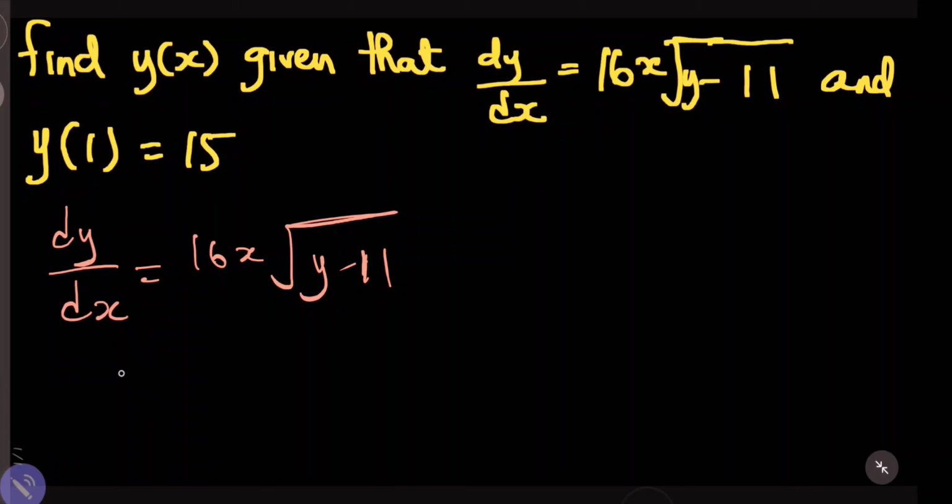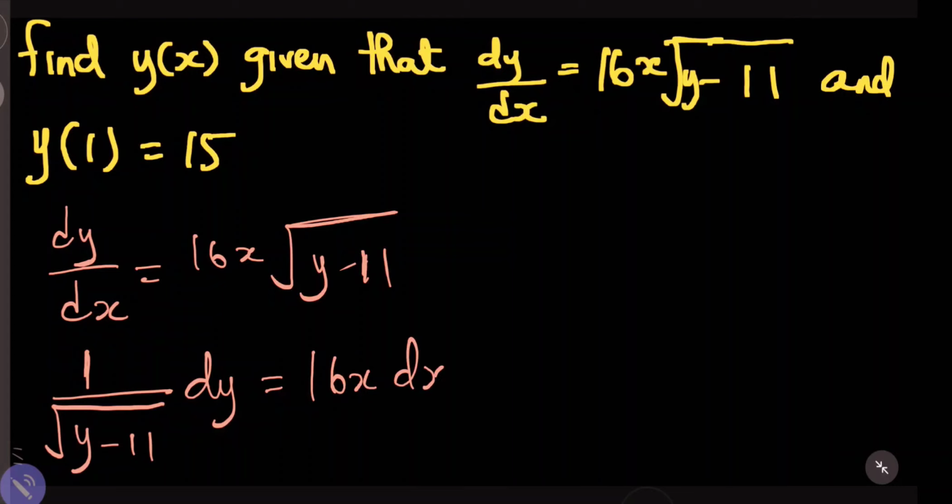So you have 1 over root y minus 11 dy equals 16x dx. With this, we can clearly see that we can integrate both sides to get the values of y and of x.